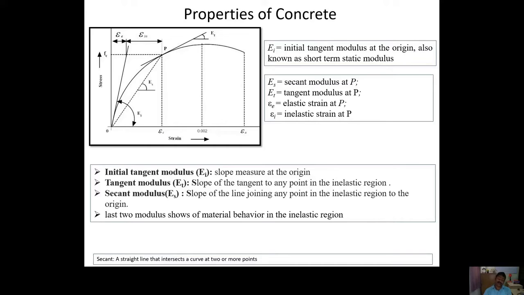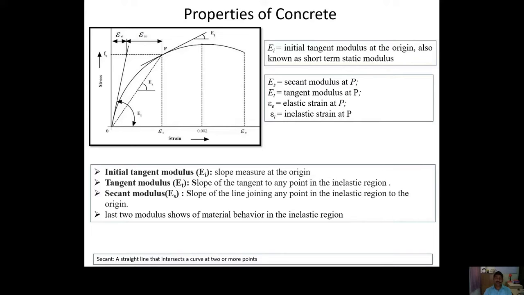The difference between the initial tangent modulus and the tangent modulus is that for the initial tangent modulus we draw the tangent at the initial portion of the graph, and for the tangent modulus we can draw it at any point, get the slope, and from the slope find the tangent modulus.